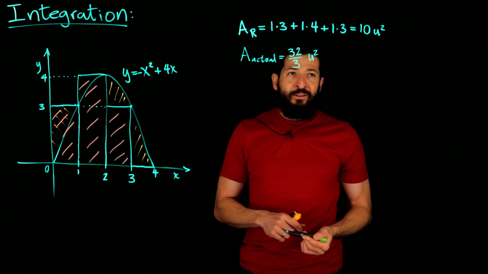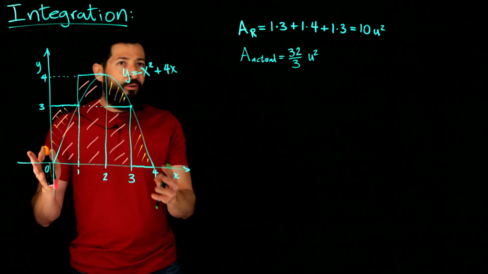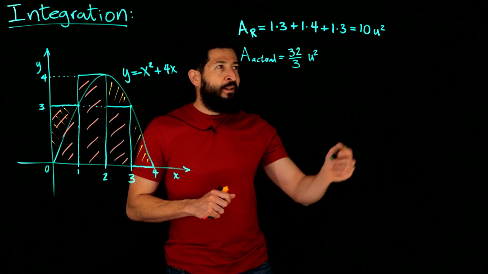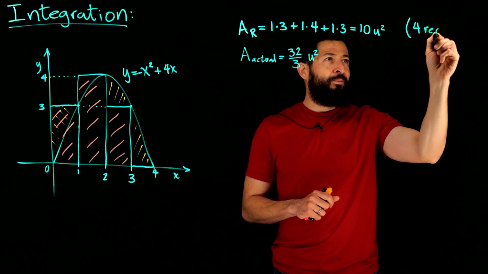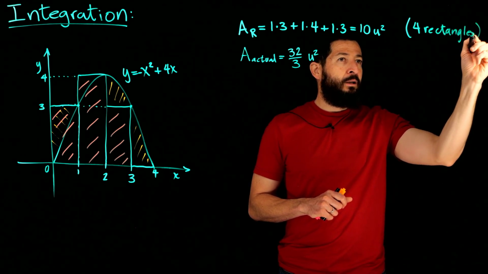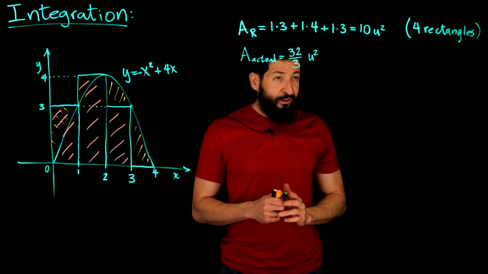But what happens if we do more? What we're going to see is that if we do more rectangles, our approximation will improve. So let's call this one 4 rectangles, and let's do one with 8 rectangles and see how we do.